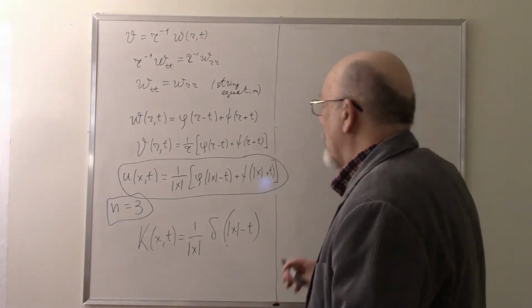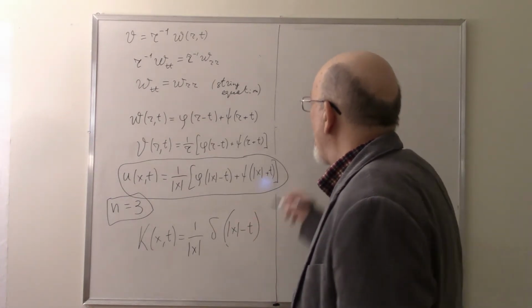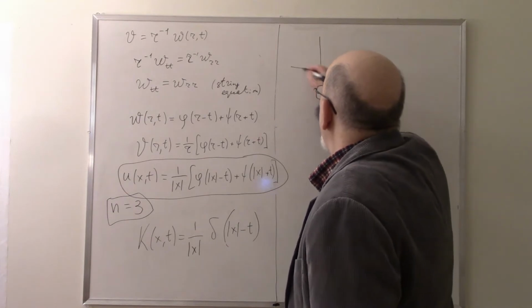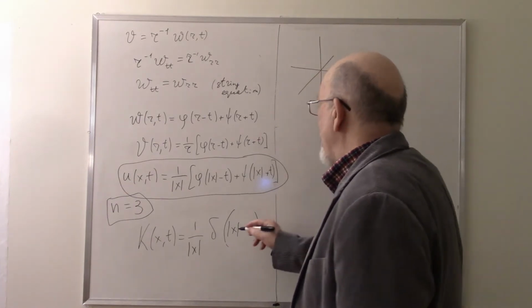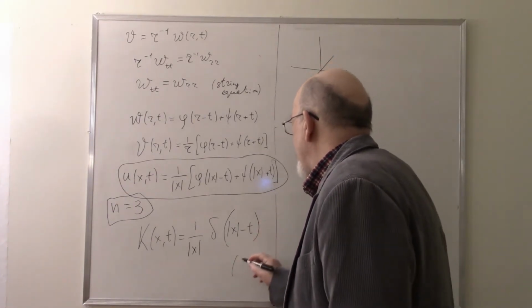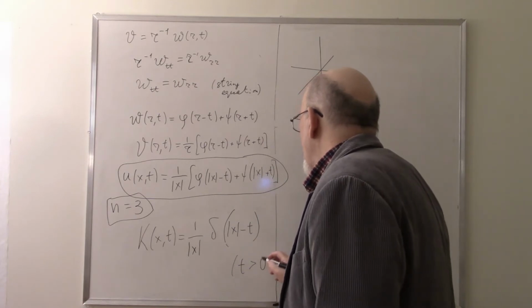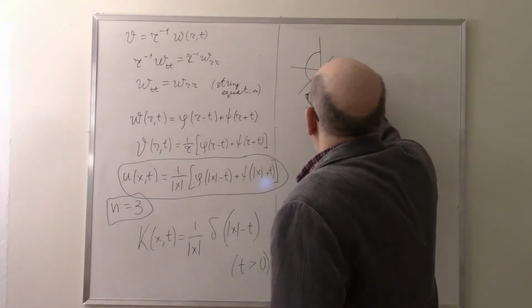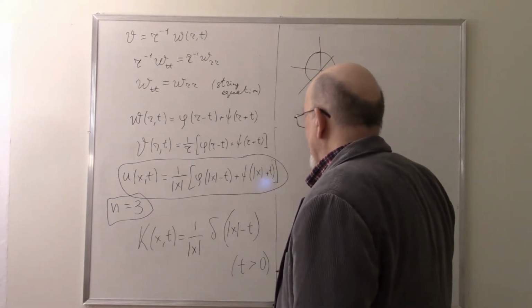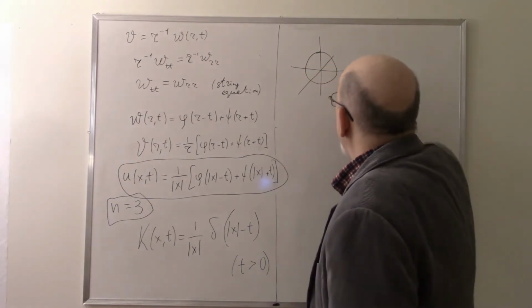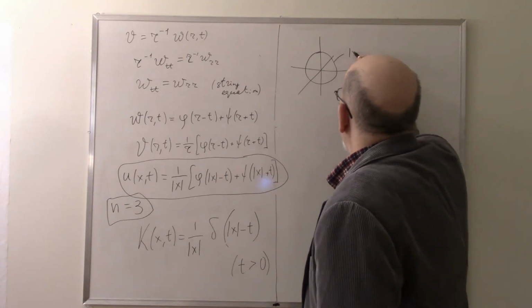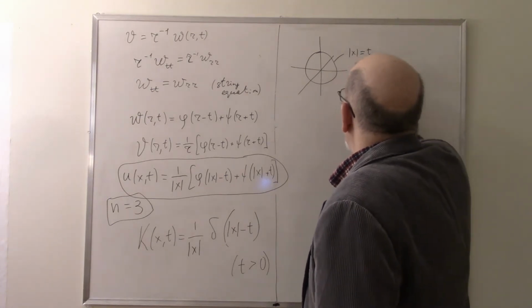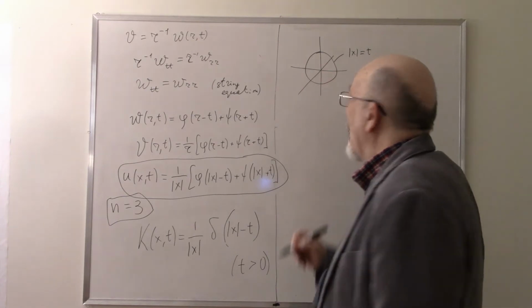In simple words, consider delta of module x minus t for positive t. Consider the sphere of radius t, so module x equals t, this is the sphere.